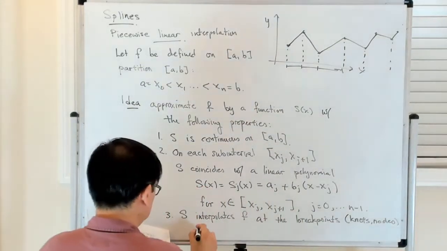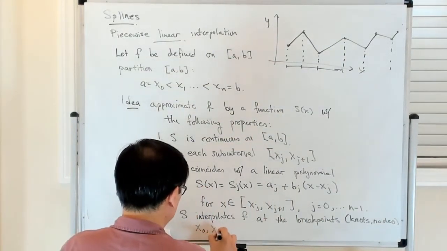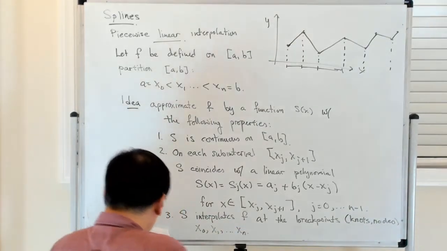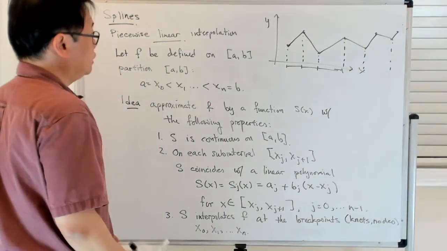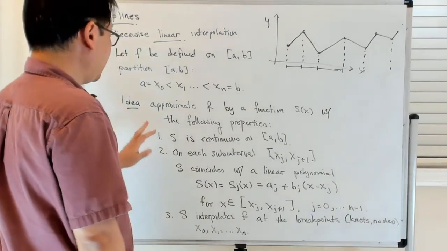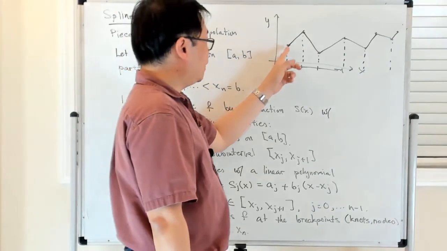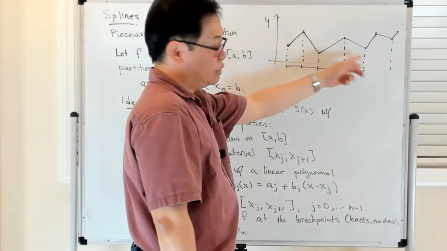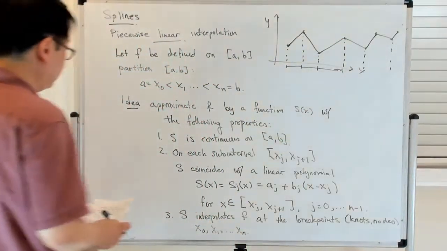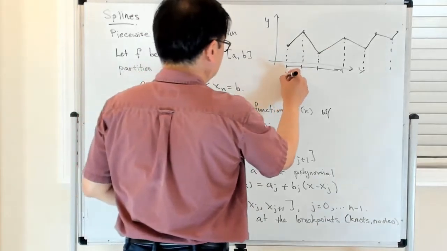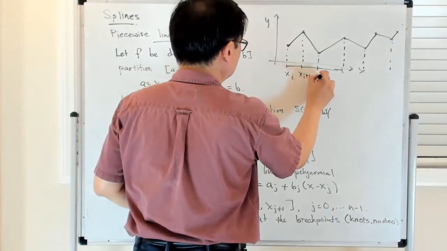Okay, and these are the points x0, x1, all the way up to xn. So again, the idea is quite simple. In practice, you just evaluate the function at the knot points, and then you just join those points together with straight lines. So that's the picture we have here. This is x i plus 1, and so on.